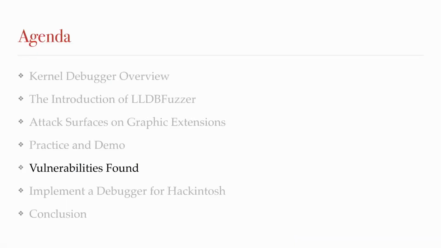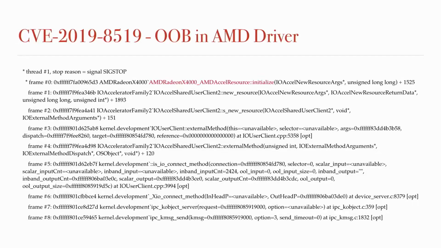Now I will introduce the bugs we have disclosed. This vulnerability is found in the AMD Radeon X4000 driver, and the vulnerable function is the AMD accelerator resources initialize method. The AMD accelerator resources class is used to process the graphic accelerator resources information for 3D rendering.